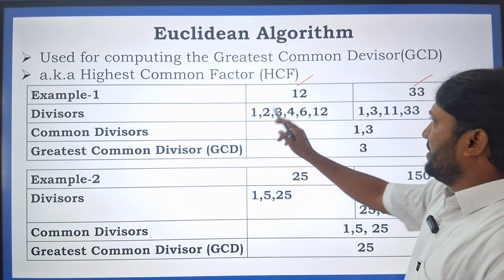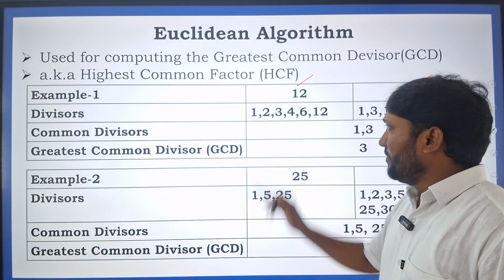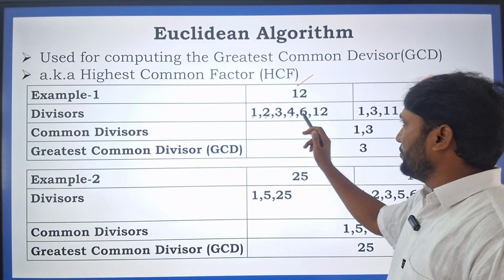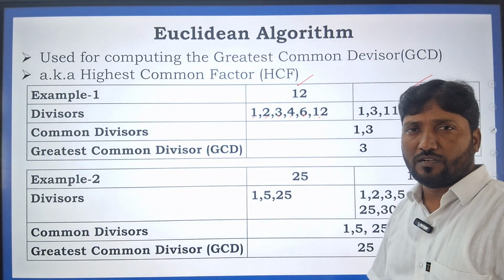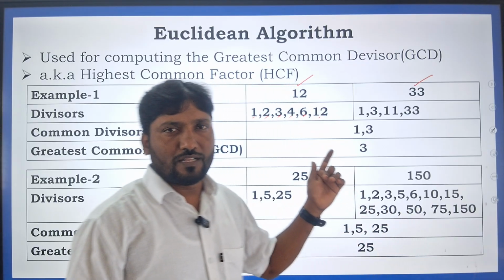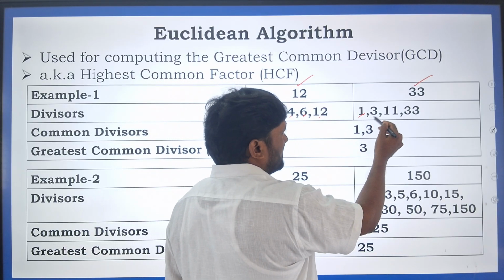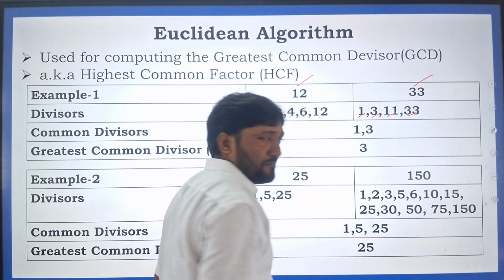First, take the divisors of 12: 1, 2, 3, 4, 6 and 12. These are the divisors of 12. And the other number is 33. What are the divisors of 33? 1, 3, 11 and 33.